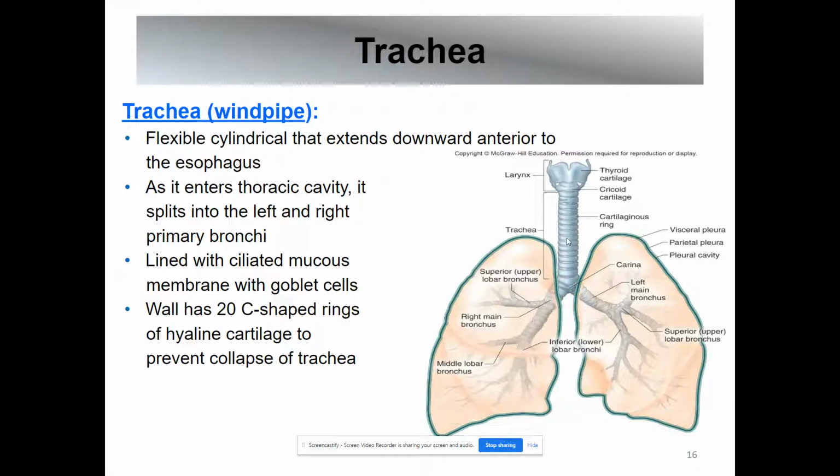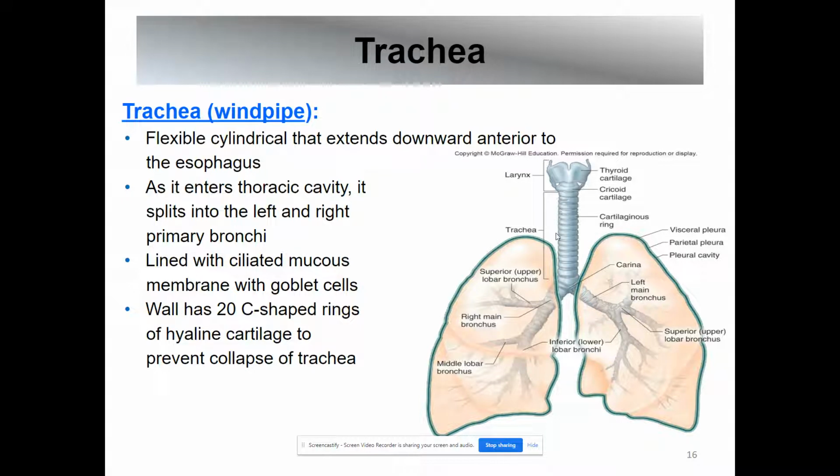Here's our tube. It consists of C rings. They're cartilaginous rings, made of cartilage, in the shape of a C or a U. The posterior side of the trachea is where those rings do not connect, because that backs right up to the esophagus.